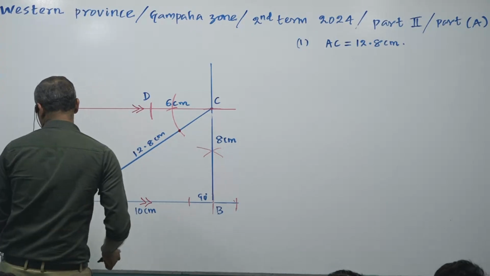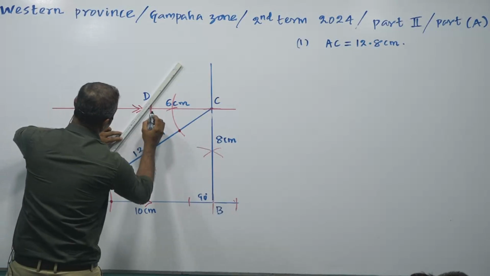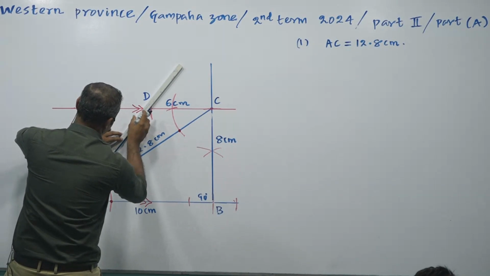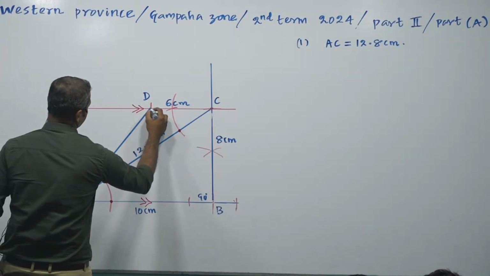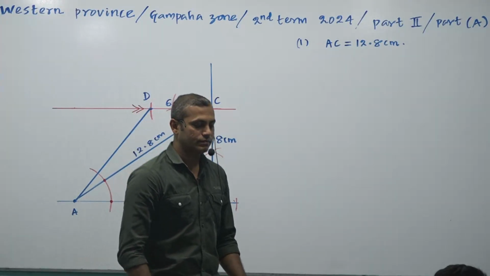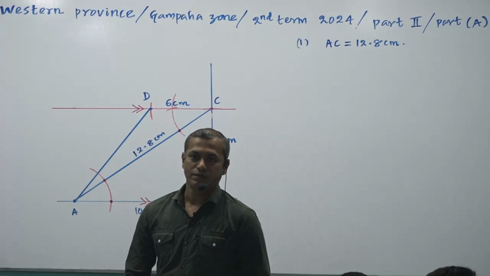Now complete the quadrilateral by joining A and D. Join this. Okay. Done.